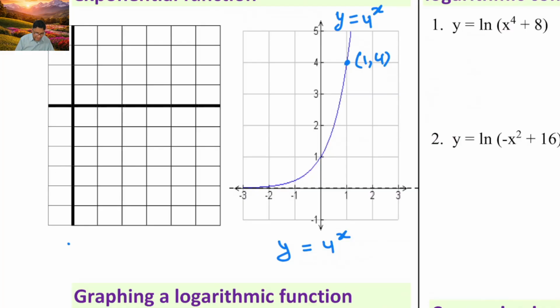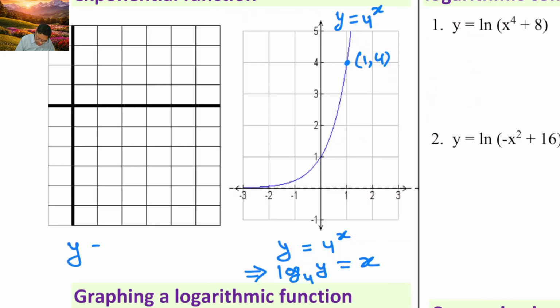Okay, 2 steps. First, from here, if you apply the log on both sides, log base 4 of y equals x, right? Or x equals log of y to the base 4. But I'm going to interchange the x and y to write the function in terms of y here.